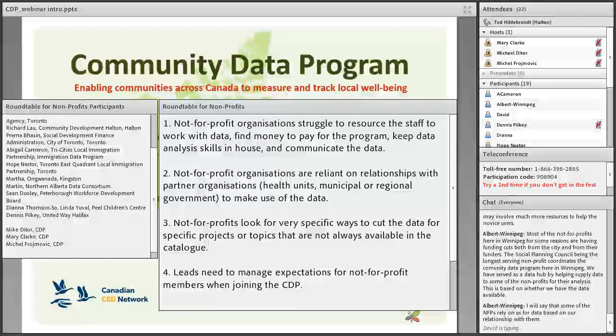I think that's always been a challenge in terms of balancing the resources that are developed at the national level around a community data program for all communities across the country, and then what the local lead potentially takes on. Obviously some are better resourced or have those kinds of capacities more than others.